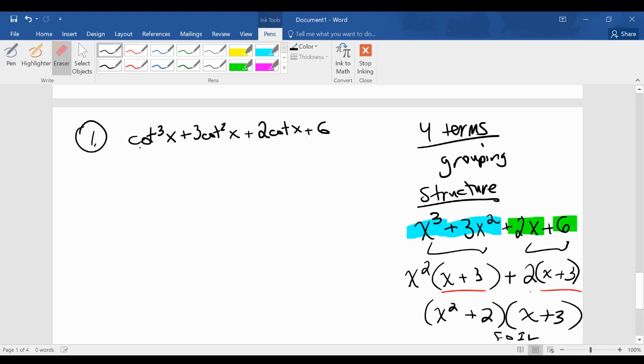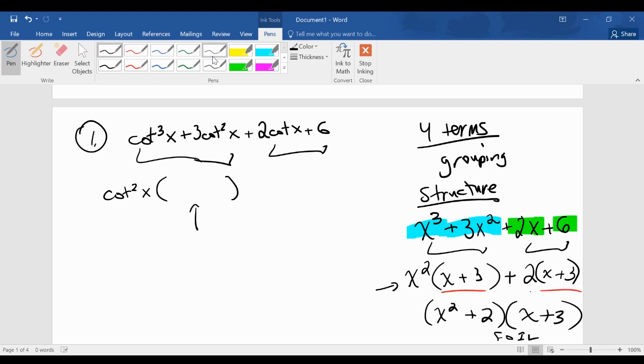All right. So looking at the first 2 terms and the second 2 terms, the little GCF here, instead of x squared, it's cotangent squared. Then I made parentheses. To find out what goes in the parentheses, I take the first term and I divide it by the little GCF there.